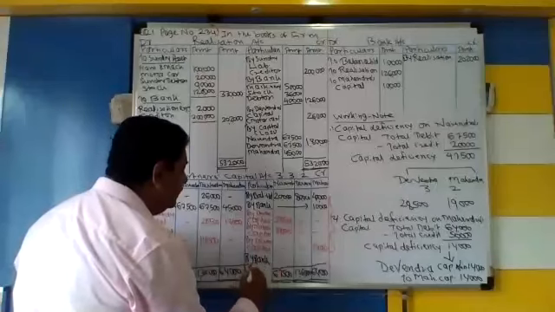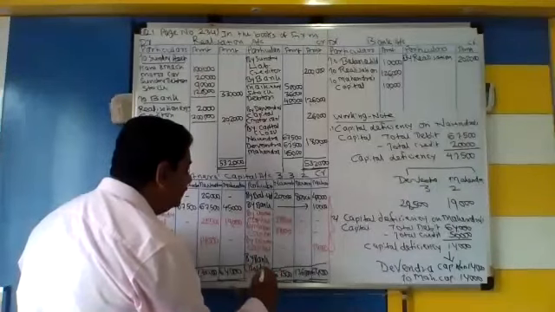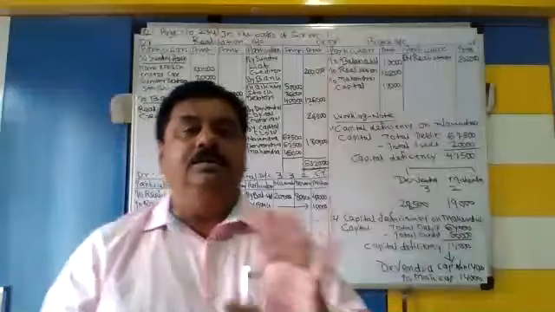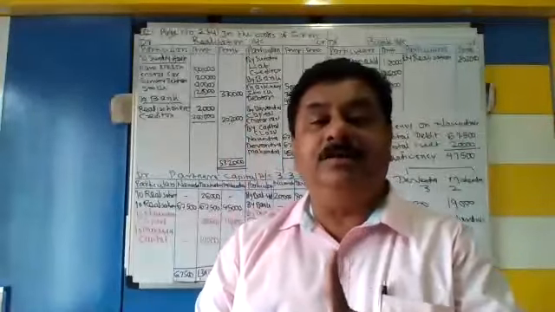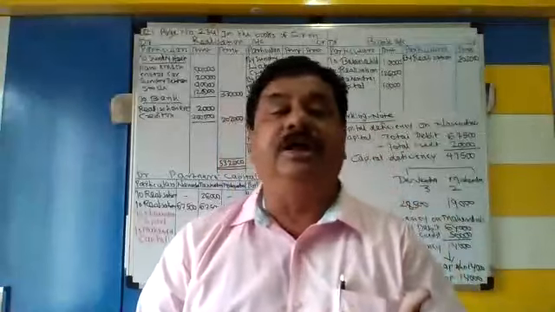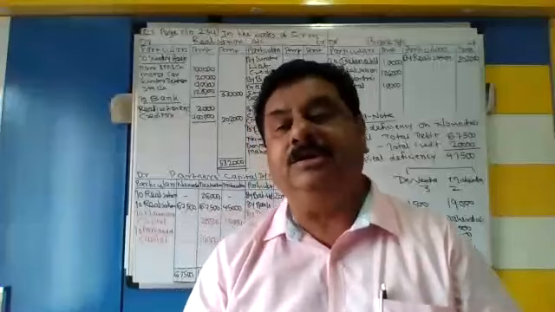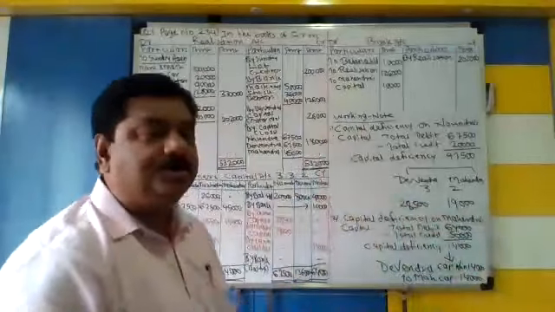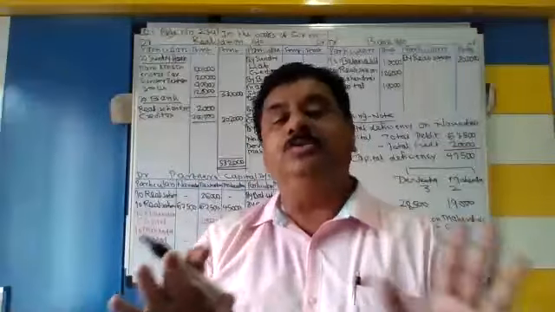So the balancing figure comes by bank. Devendra is not insolvent. Remember, it is not mentioned that he is insolvent or that he brought that amount. That means Devendra is supposed to bring the money to close down the business.